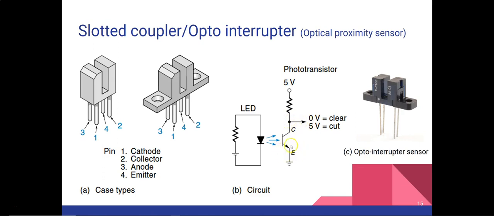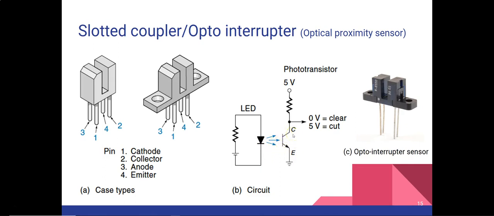This is the emitter, which goes into the ground, and then we have the LED attached to a resistor and further to the voltage source. To operate it, power must be provided to the LED and the output signal taken from the opto transistor.